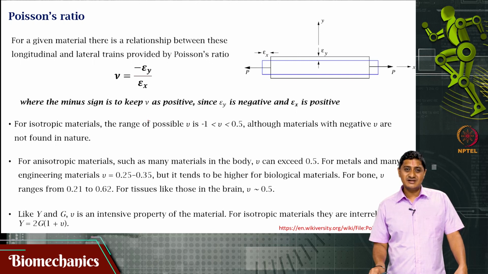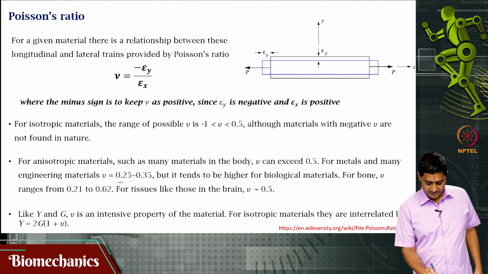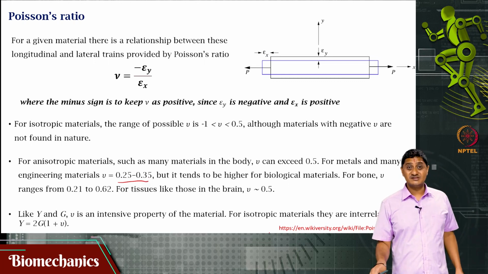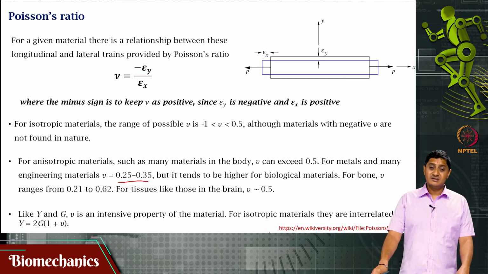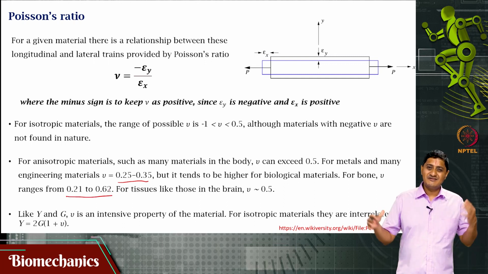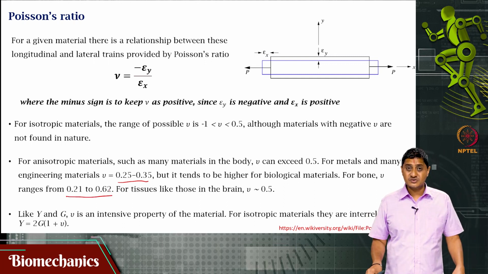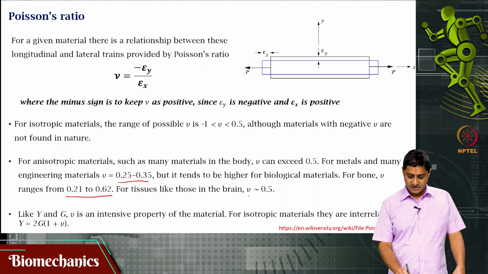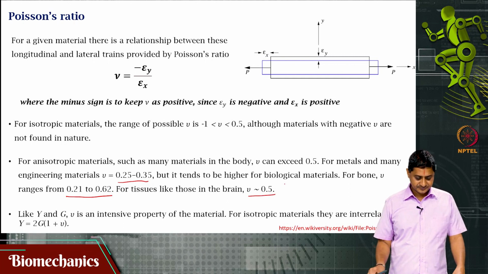For engineering materials such as metals, Poisson's ratio is between 0.25 and 0.35. For biological materials, much higher. For example, for bones, it may vary from 0.21 to 0.6, a relatively broad range. For tissues like those found in the brain, neuronal tissues, Poisson's ratio is about 0.5.